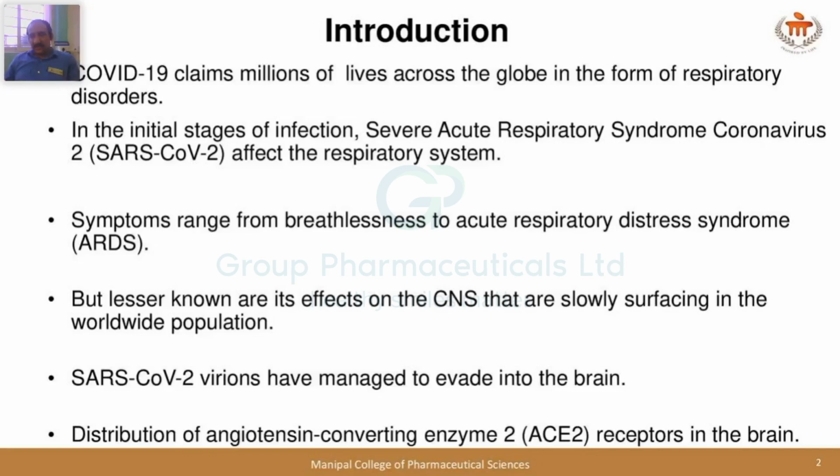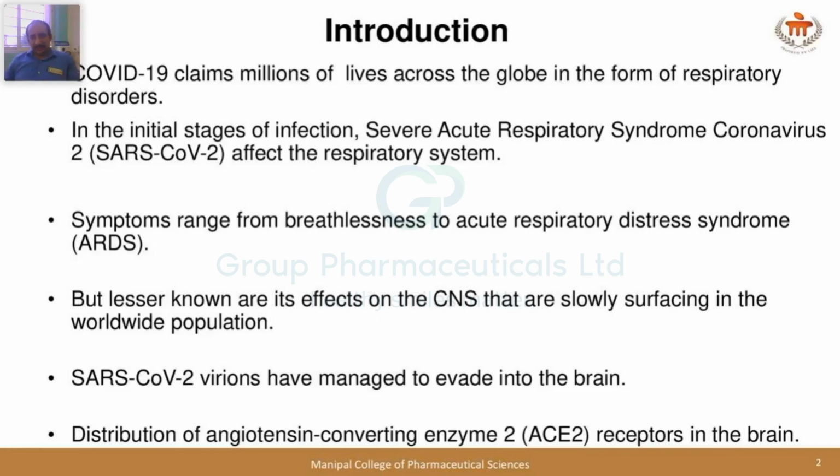In the initial stages of infection, the virus, termed severe acute respiratory syndrome coronavirus 2 or SARS-CoV-2, has a paramount effect on the respiratory system.